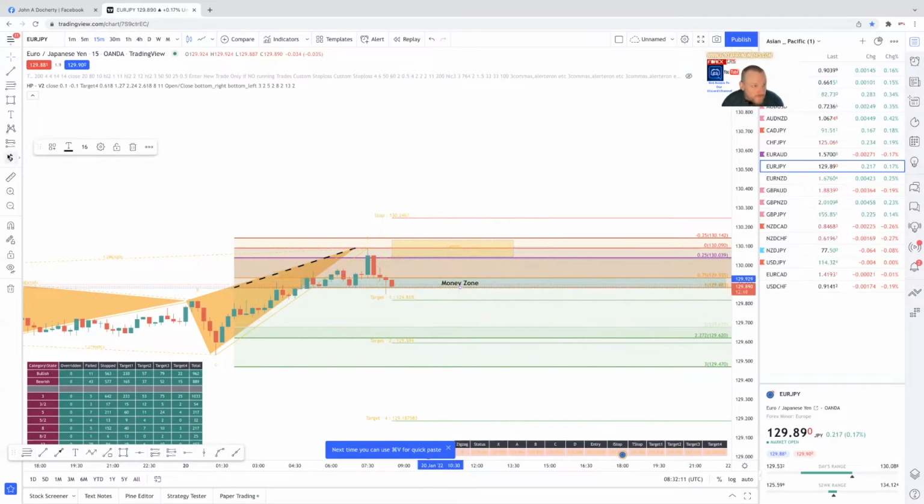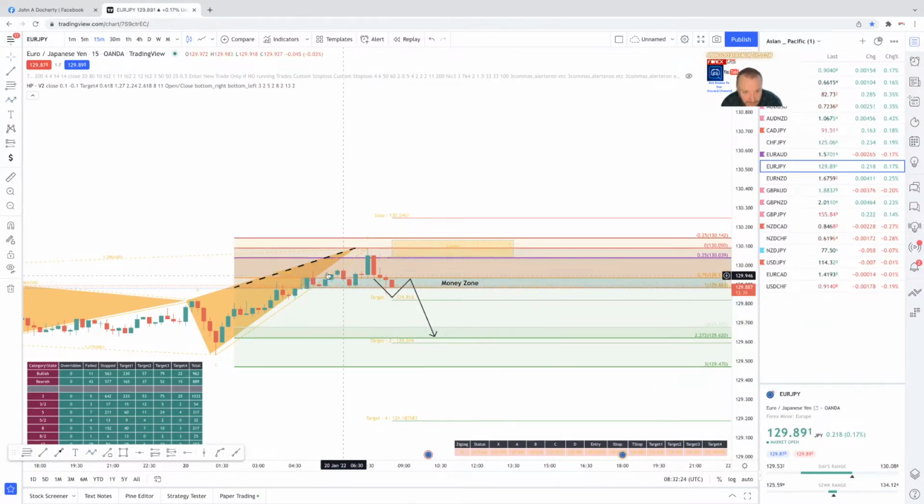Now, what I'm waiting for is a push out, a push back in, and then we enter, and then we're looking to target on the lower side. What I would constitute as a push out is not a wick. There has to be a close of candle. You could test this either way. So we will be waiting for a push down.